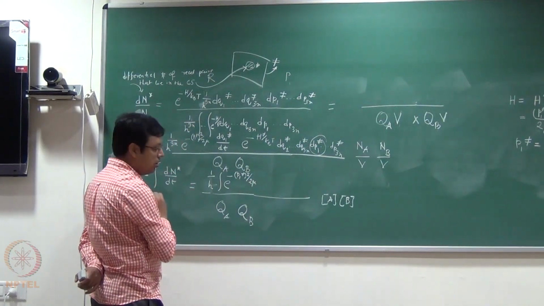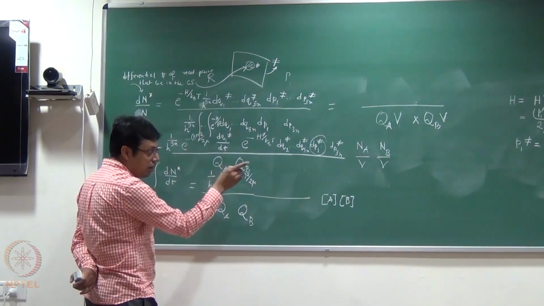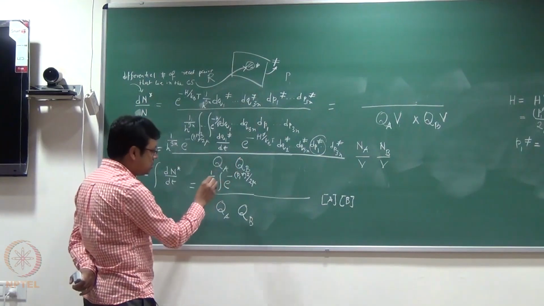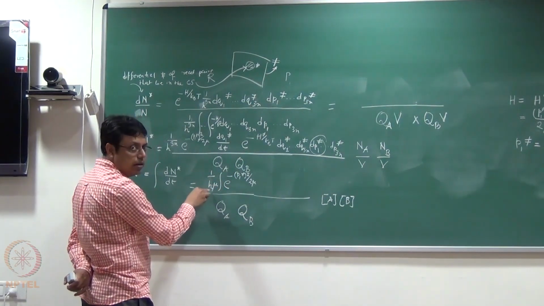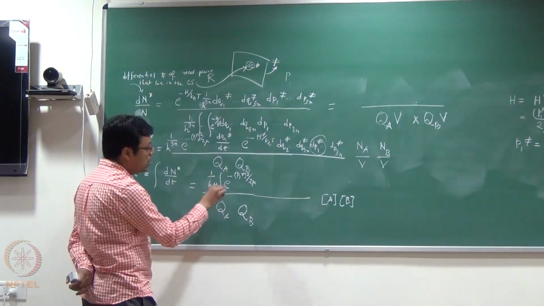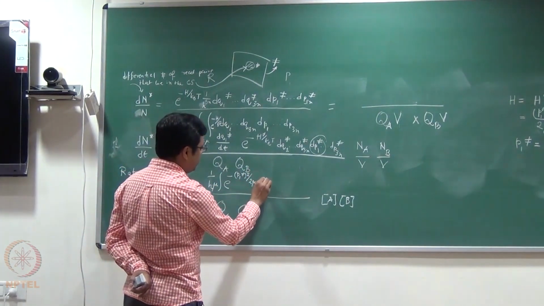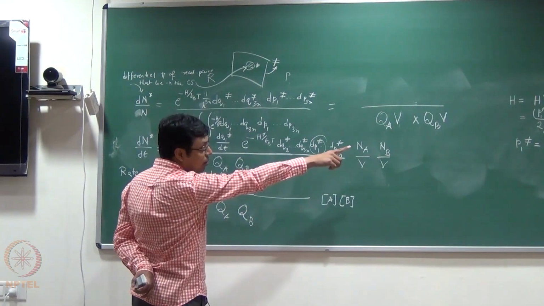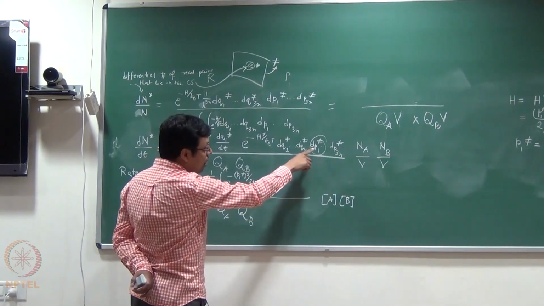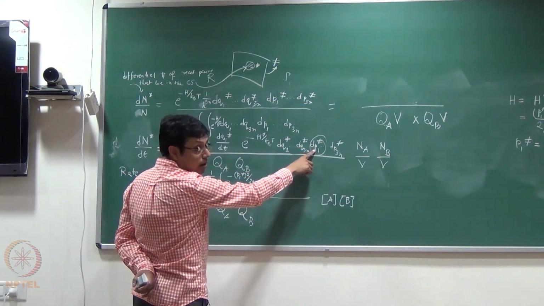Just follow it carefully. I have one extra mu, the reduced mass, which I am putting outside the integral as a constant. Then I am left with p1 dagger, because it was p1 dagger by mu, and then there is dp1 dagger.